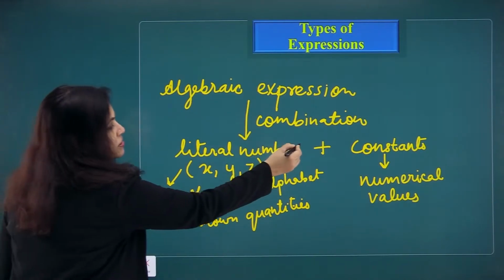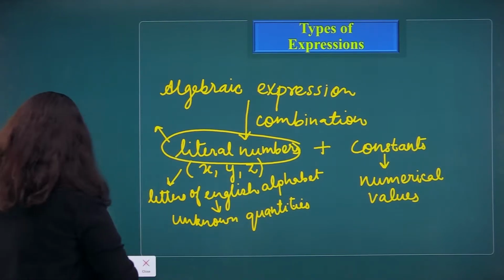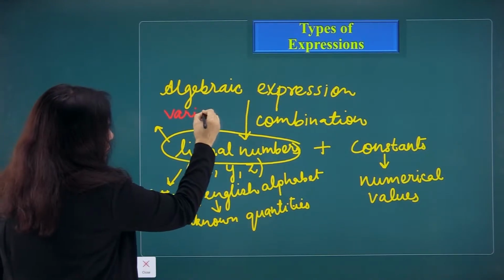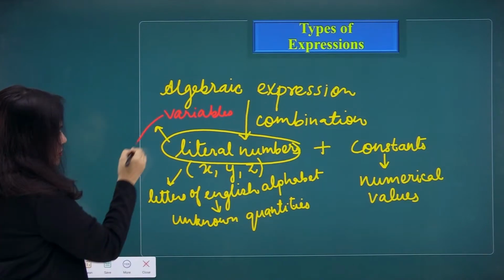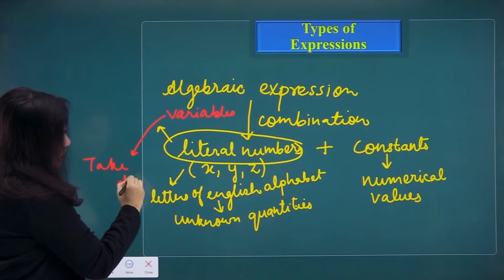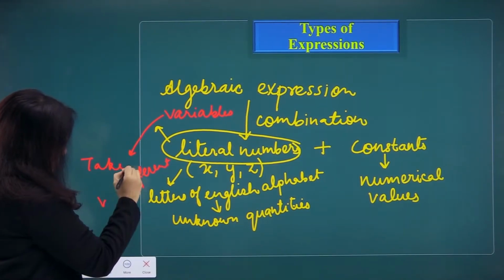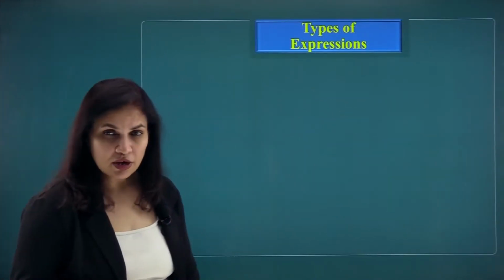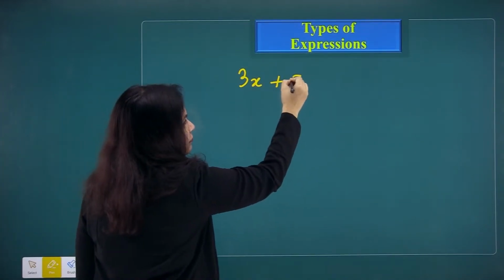These literal numbers are known as variables. Why do we call them variables? Because they take different values in different situations. Let us start with an example of an expression, 3x plus 5.